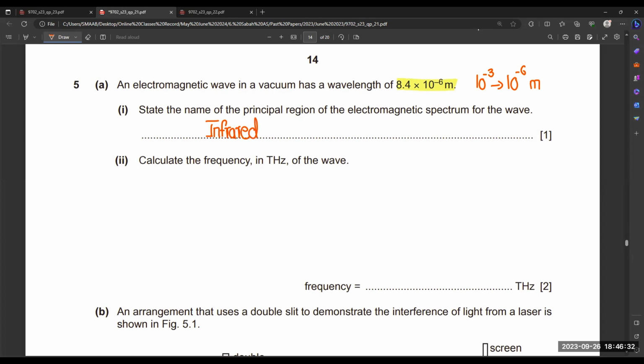And in part 2, calculate the frequency in terahertz of the wave. So basically, you just need to calculate the frequency and then convert into terahertz. Frequency can be calculated with the simple formula, right? V over lambda.